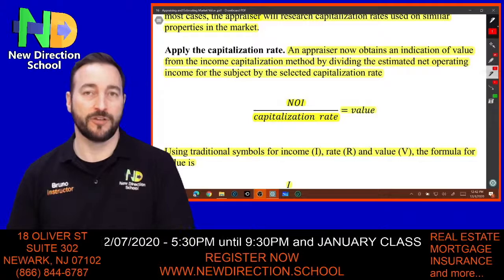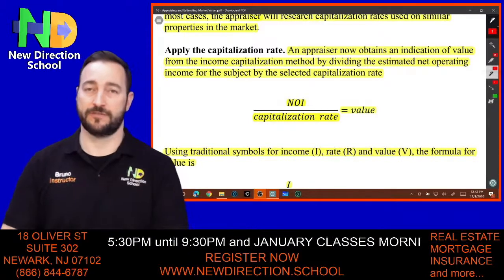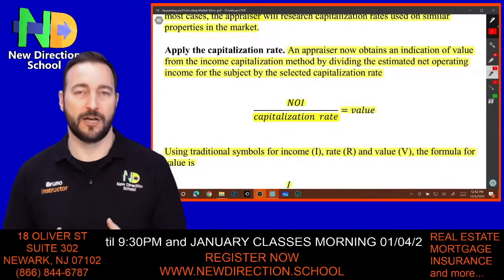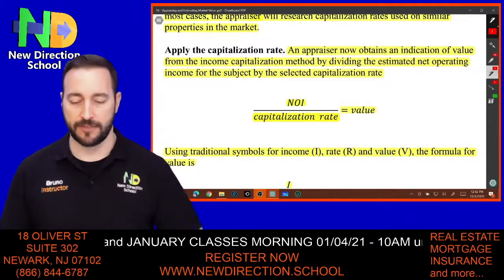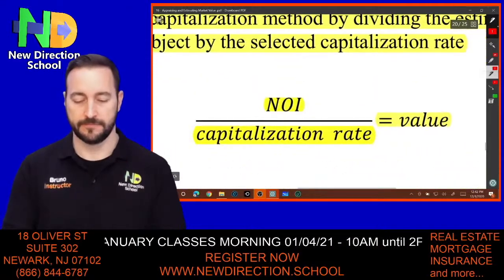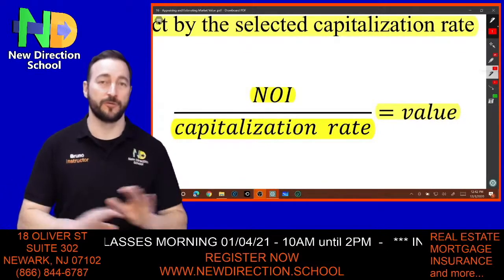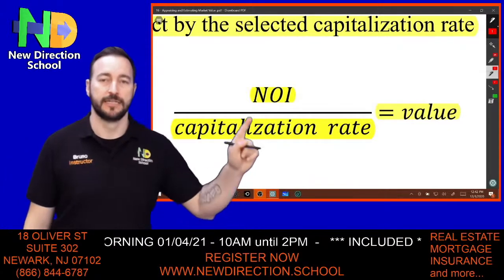So in the exam, they'll give you the cap rate, or they'll ask you what is the cap rate by giving you the rest of the information. So cap rate, we will apply to the income to figure out value. And the formula, right? And don't stress about formulas. In a math class, I'll remove all the formulas. I have one simple tool that removes all the formulas.